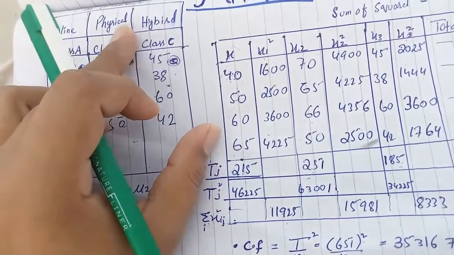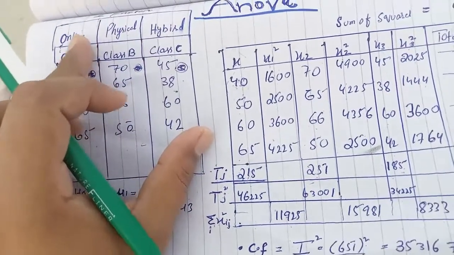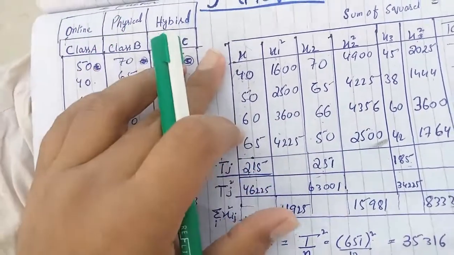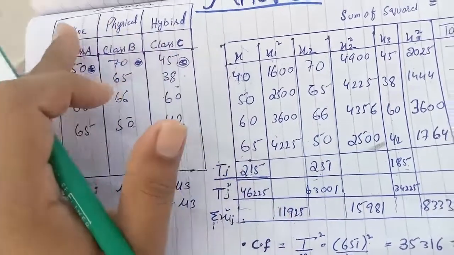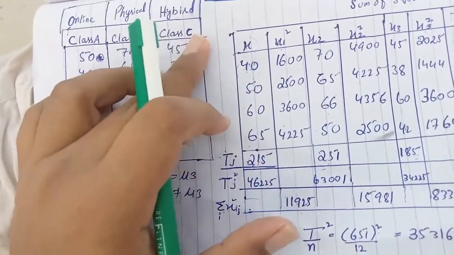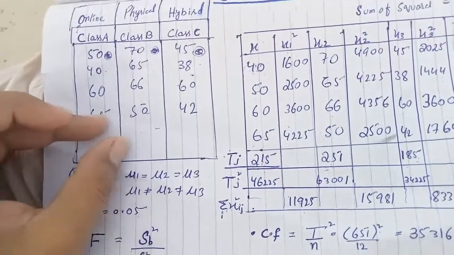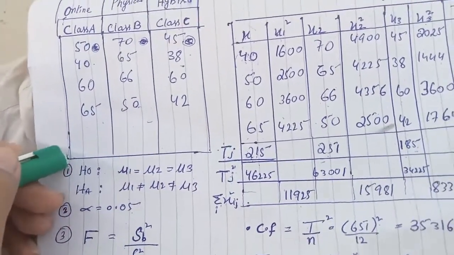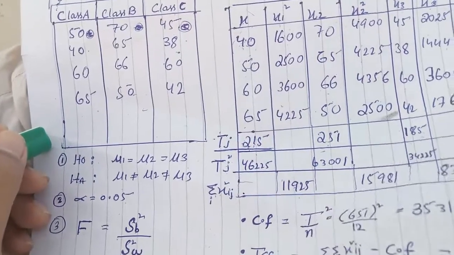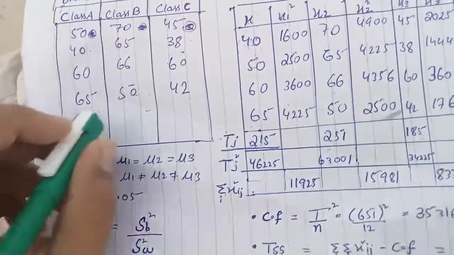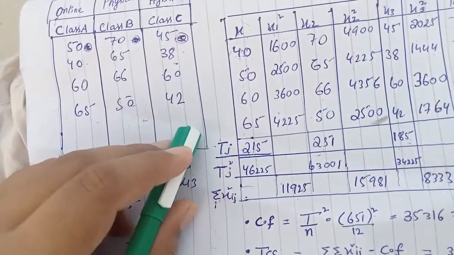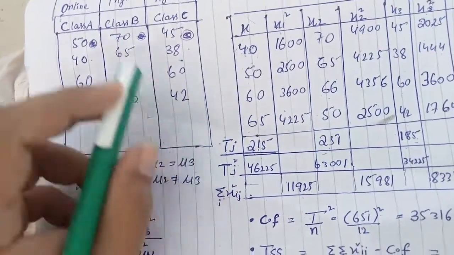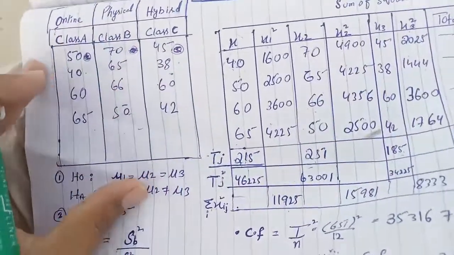Taking into consideration that for each class there was a different model, even though there was a different model for each class, still there was no variation in the student marks. So that is how we supported this assumption, that there is no variation in the student marks even though there are different class models.